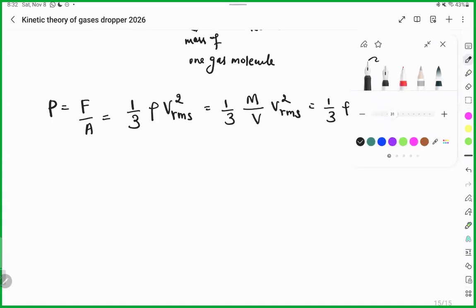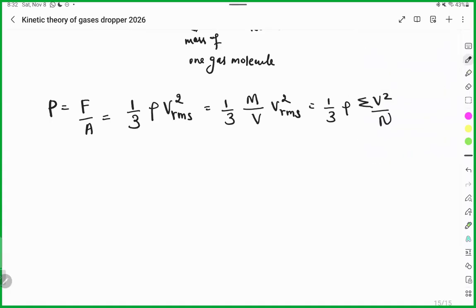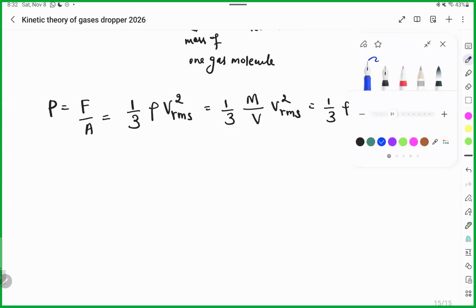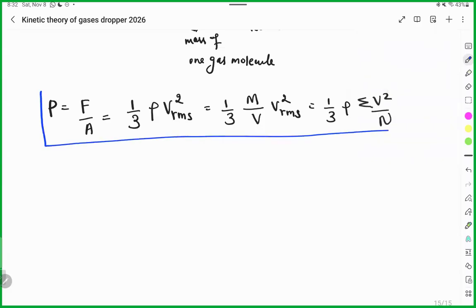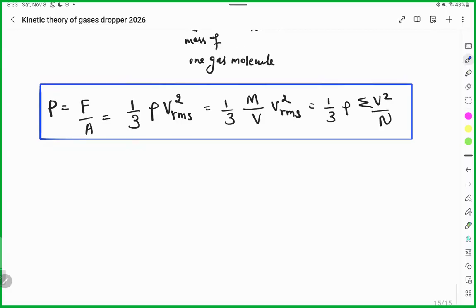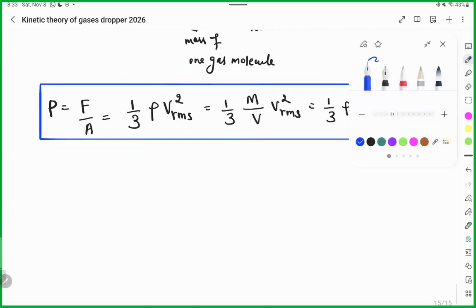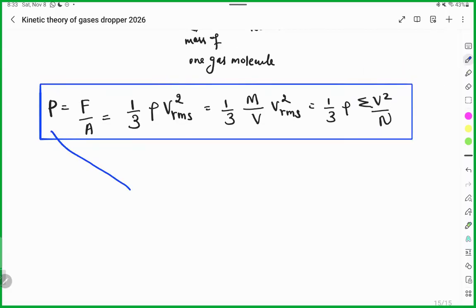Correct? Yes or no? It's your choice. But now you can do it because you know all the correlations, how to correlate the things. Example, using these two parts, this pressure and this part.